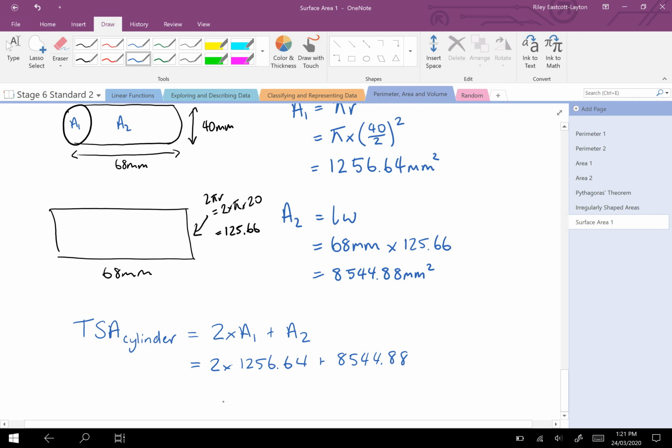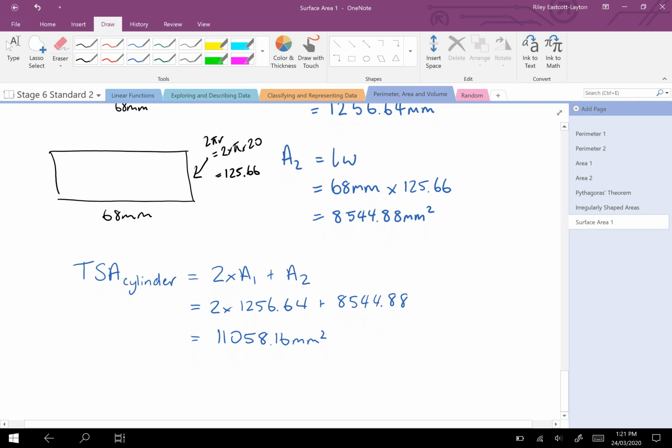We get an answer of 11058.16 millimeters squared. The worked solution says 11058.41. In my mind, that's close enough. It would be a rounding error, just because of pi, pretty much.